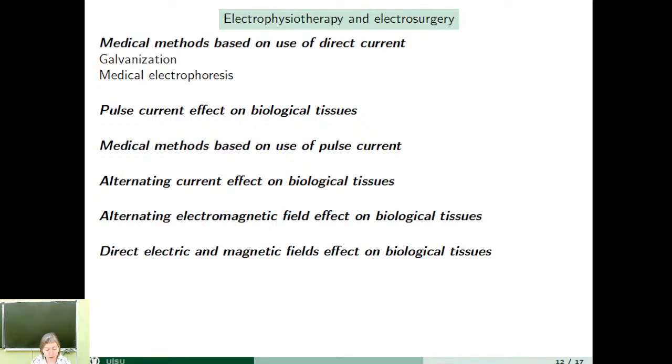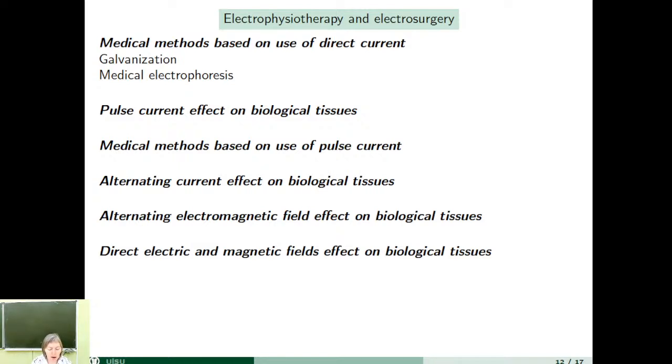Current strength and current density are direct current characteristics. Current strength in tissues is defined by an applied voltage and tissue-specific resistance or specific conductance.